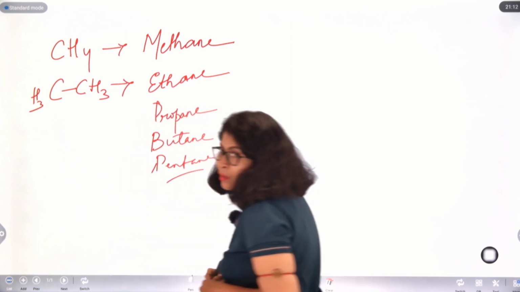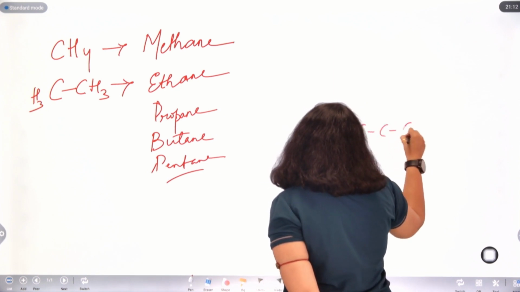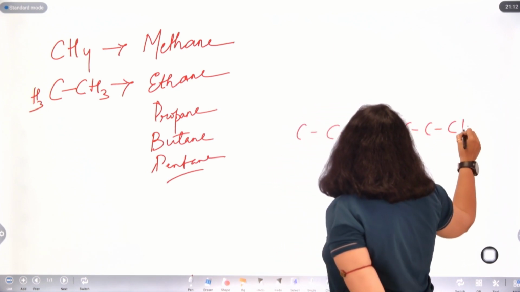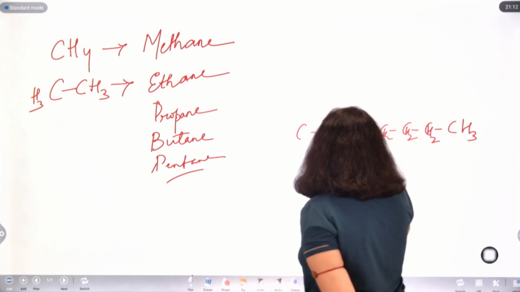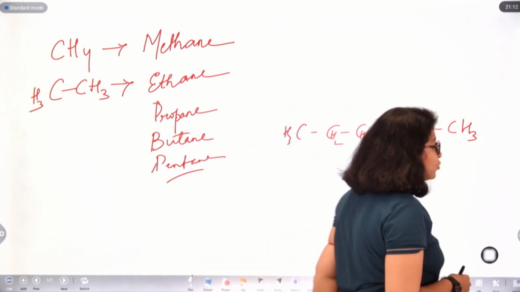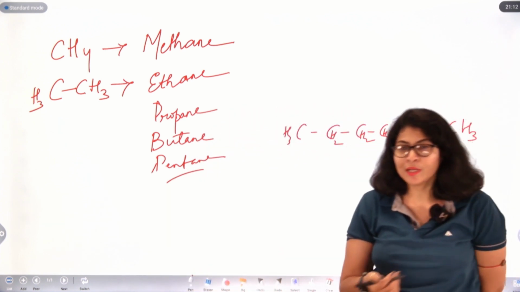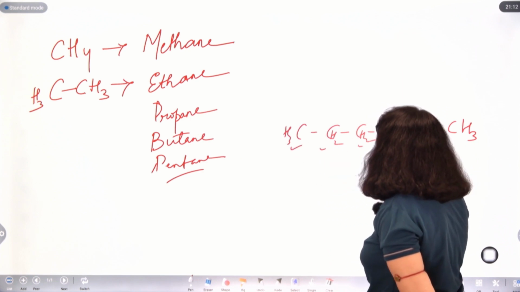Okay, how does a question come? Usually you are given CH3, CH2, CH2, CH2, CH2, CH3, and you are asked to name this compound. How will you name it? First of all, you will simply count the number of carbon atoms here.